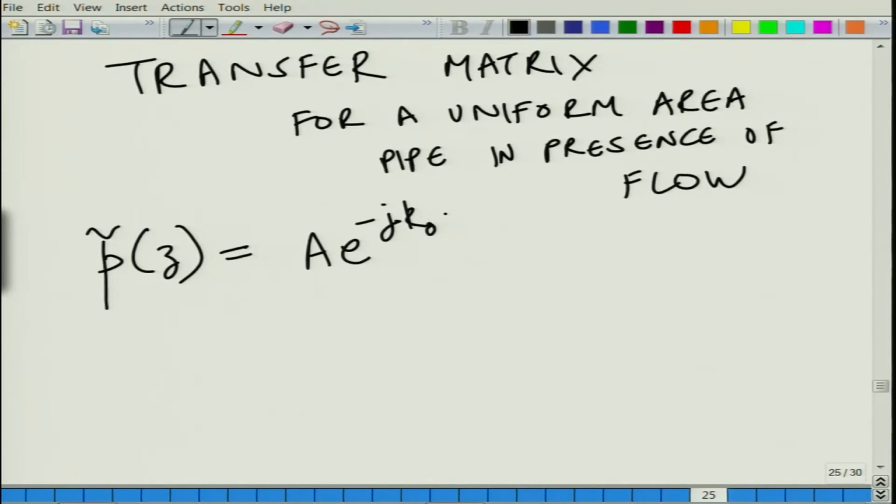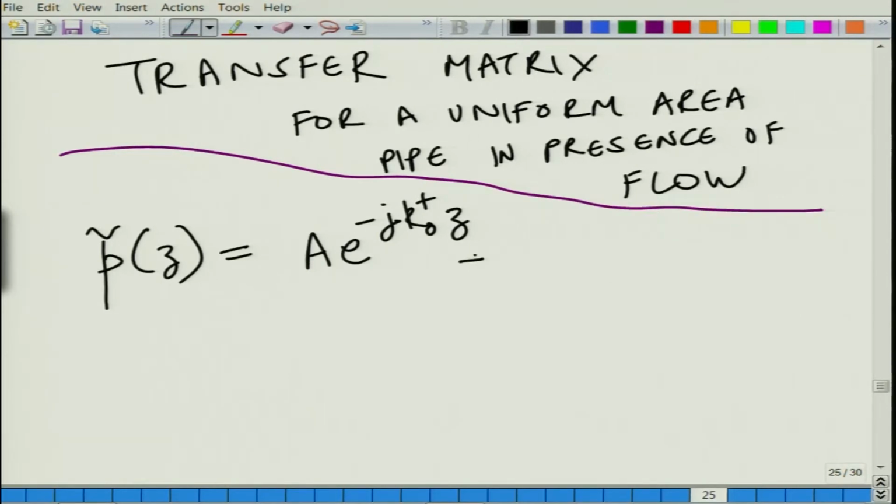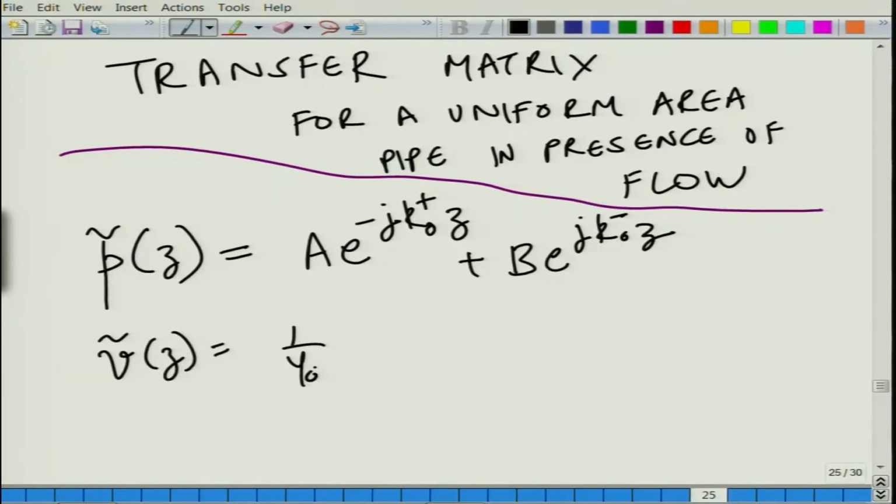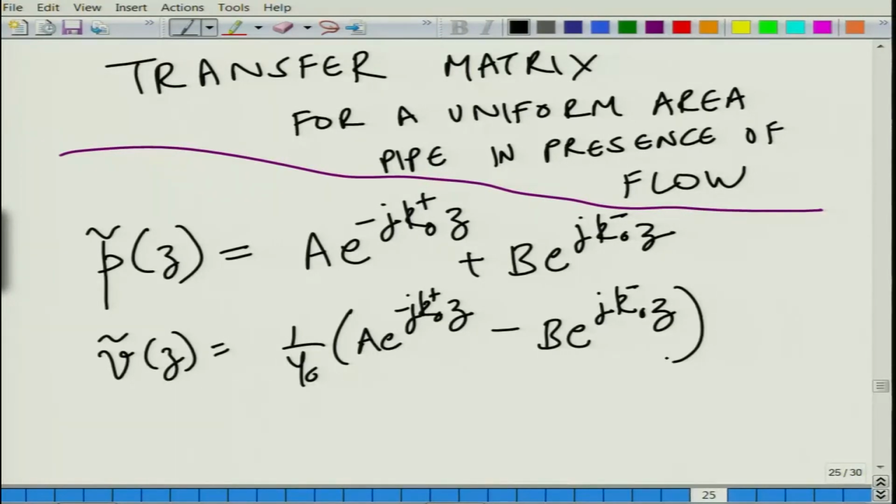K naught, assuming only planar waves, no higher dimensional waves, K naught z plus this, plus E j k minus this. Okay. And mass velocity was given by 1 by K naught A. Okay. So, this was the case for K naught plus and K naught minus.